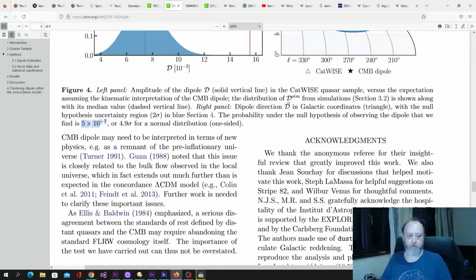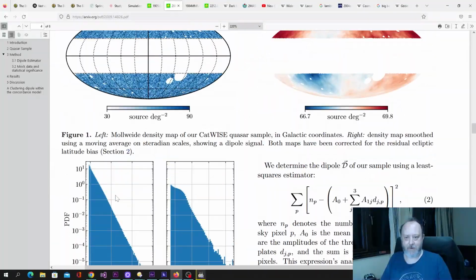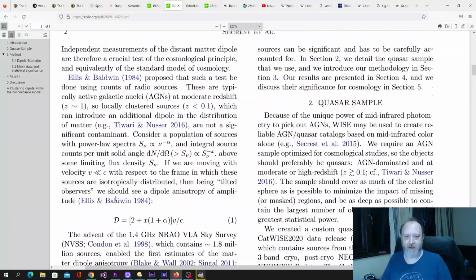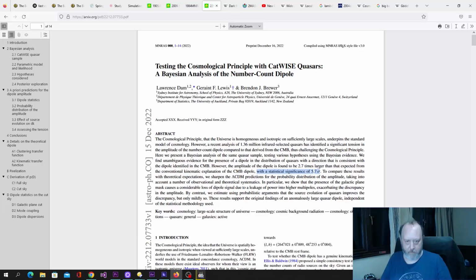So that effectively is what that paper is showing. It's testing this kinematic dipole interpretation using quasars, and it's not matching up. This paper here effectively reproduces it, but this time with the even greater precision of 5.7 sigma.